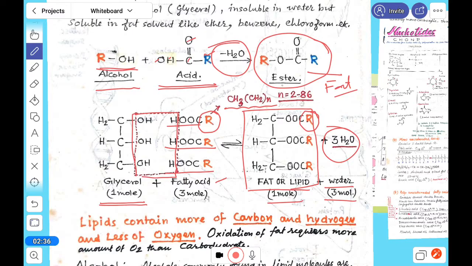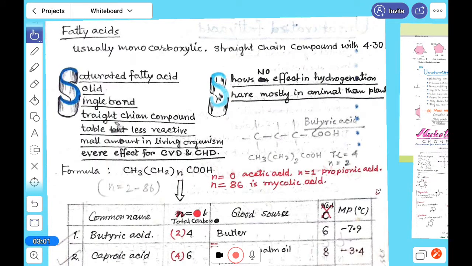It has a very high molecular weight, and it can be very, very long in the saturated or unsaturated form. So lipid contains more carbon and hydrogen and the least oxygen. Okay, so this is the basic fact about the fat.